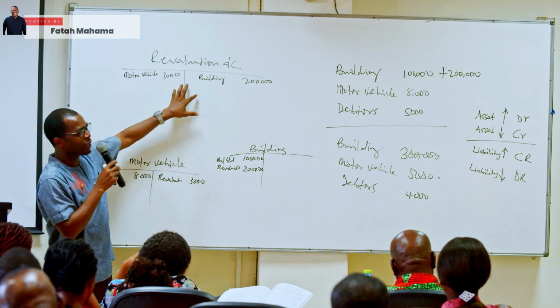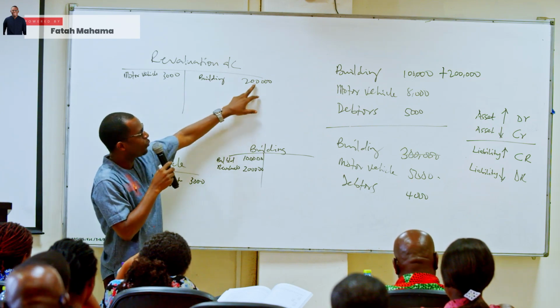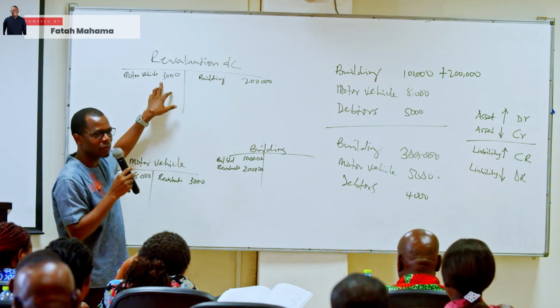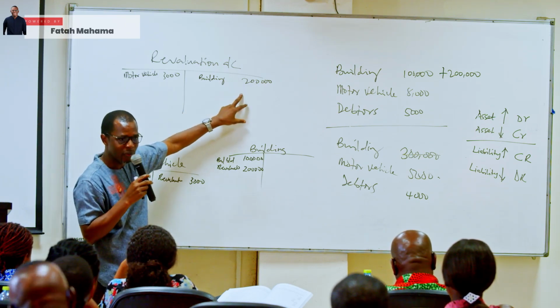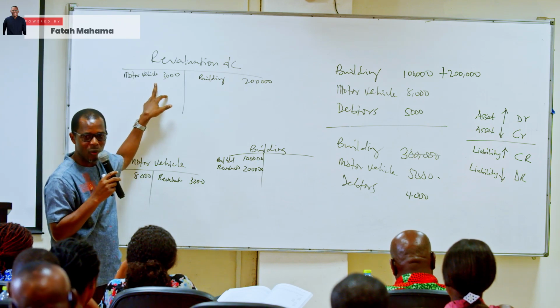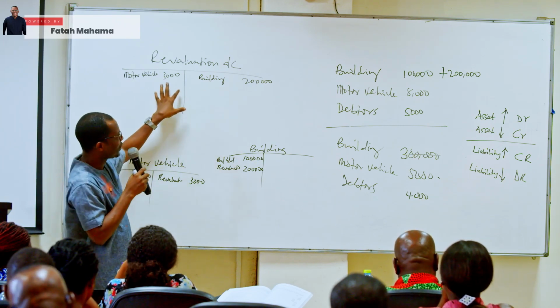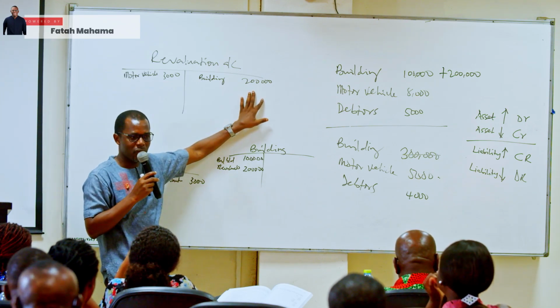So, you see what I have done now? Even though the partners gained 200,000 on the building, they lost 3,000 on the motor vehicle. So net impact, they've gained 197,000.